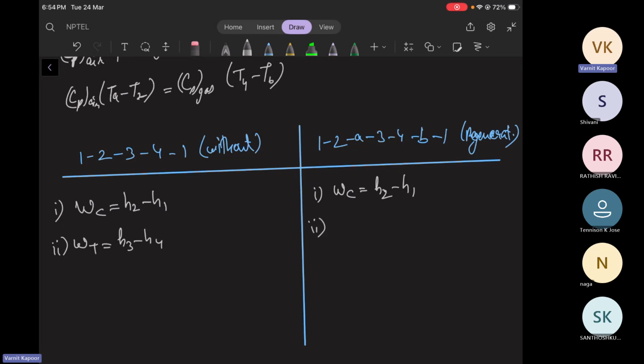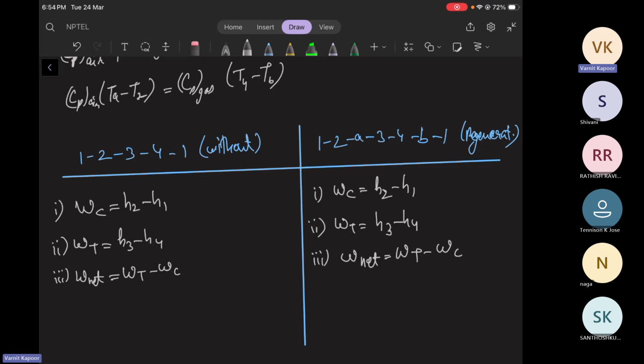Similarly, it will also be the same. There is no change in work done by the compressor and turbine. So eventually, work net will also be the same. Work net is work of turbine minus work of compressor.